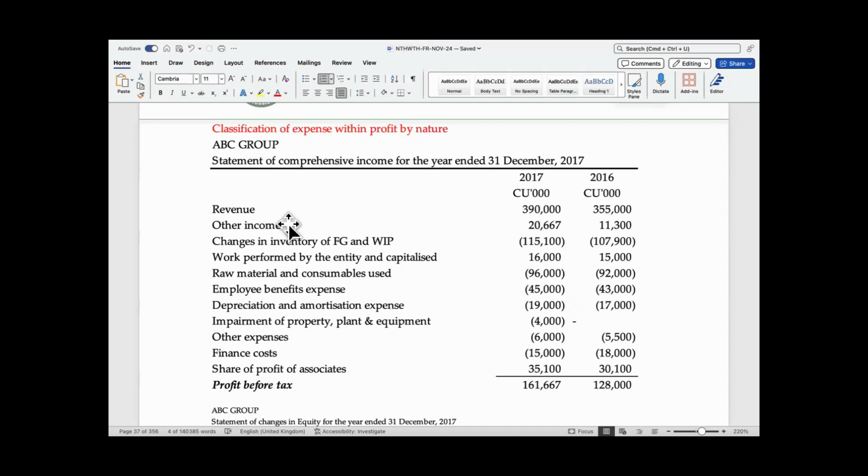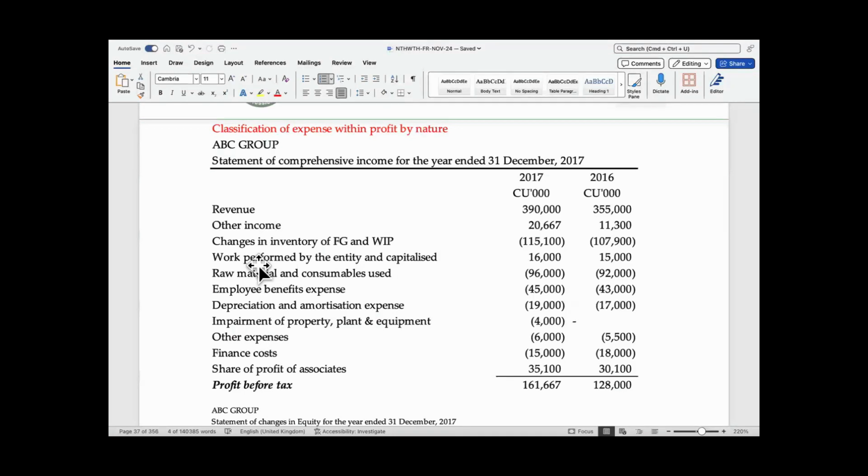So here they'll have changes in inventory of finished goods and work in progress, work performed by an entity and capitalized, raw materials, then overheads, staff costs, depreciation, impairments, and all of that.